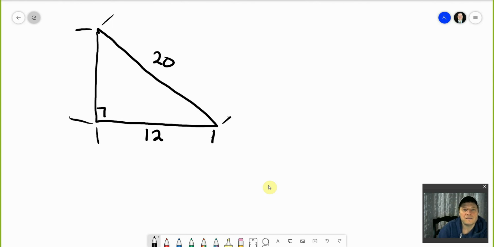So Pythagorean theorem says that a squared plus b squared is c squared. So we'll rewrite it: a squared plus 12 squared equals 20 squared. Okay. It keeps the formula true. We just put the information where it belongs in the formula. We always have c squared as the hypotenuse, so it's always here, right?